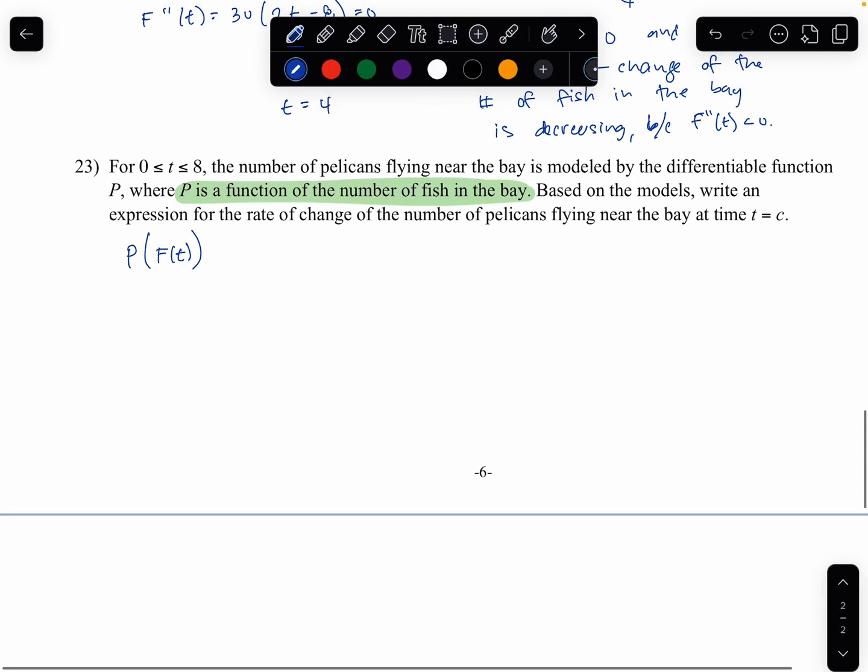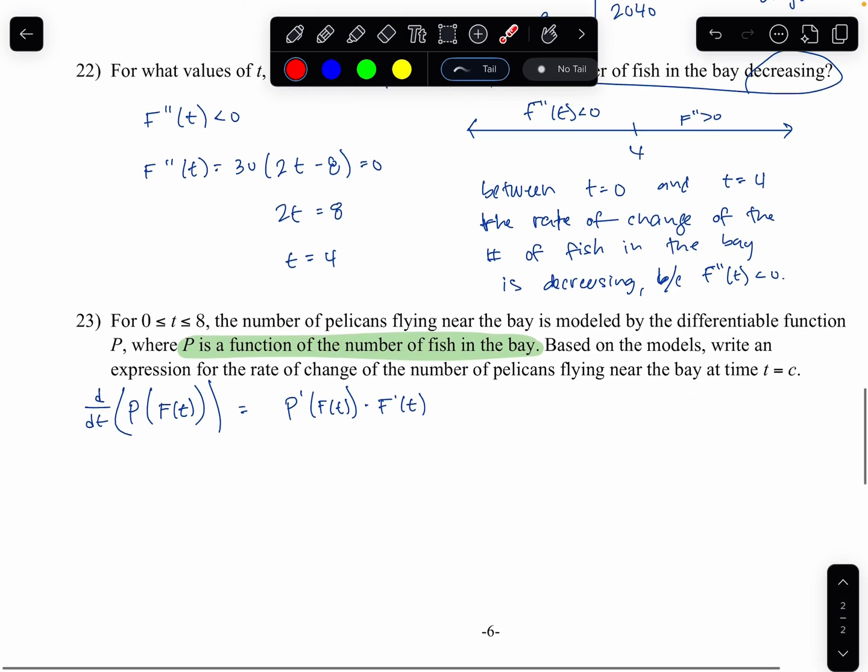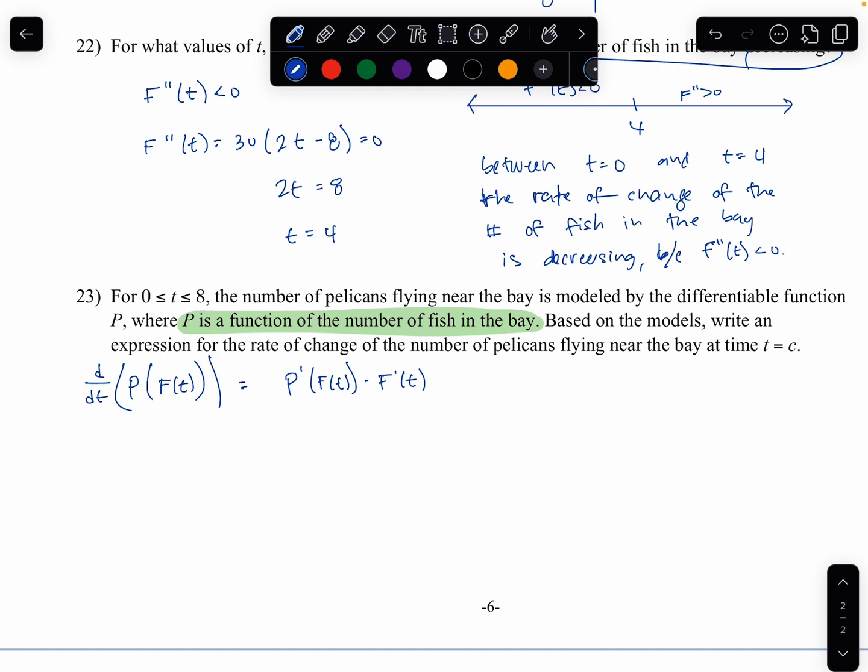Okay, so we're going to write an expression for the rate of change of the number of pelicans in the bay. So I'm going to take the derivative of this expression, and that's going to give me p prime of f of t times f prime of t, which is just the chain rule. And then what we're going to do is plug in c.